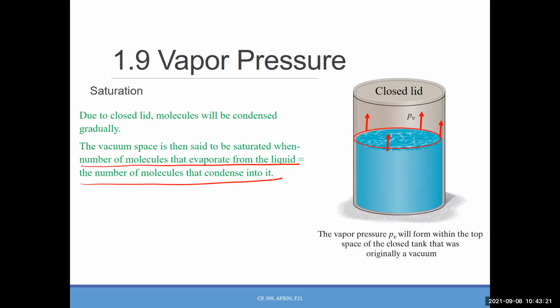And all the time, the pressure these molecules are creating on the wall or the top space, that is actually the vapor pressure. Okay? In the next slide, I put a more formal definition of vapor pressure, but you already know what vapor pressure is.